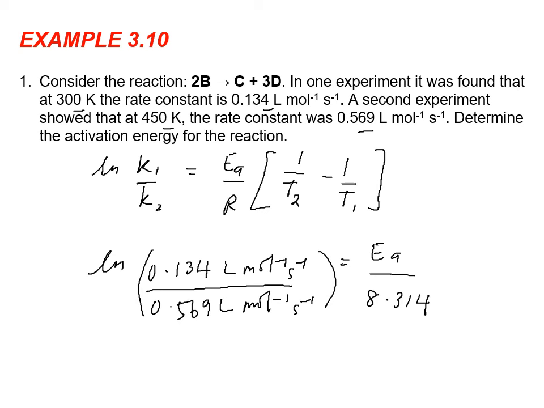If you don't remember that, you can go to the back of your book at page 389. You can see that there is an appendix A there. The unit for this constant is joule per Kelvin per mole.